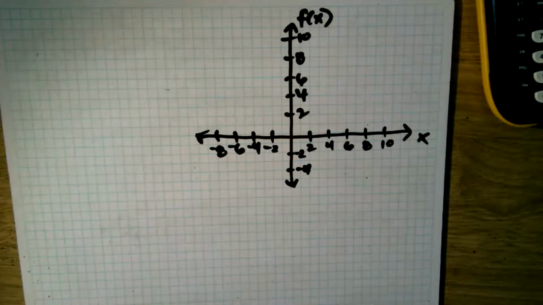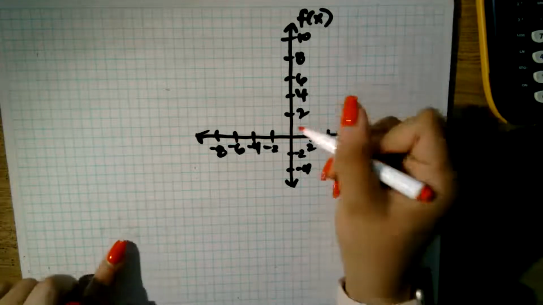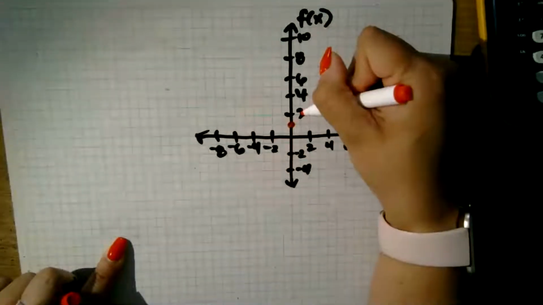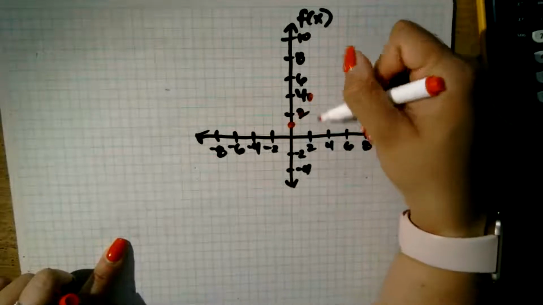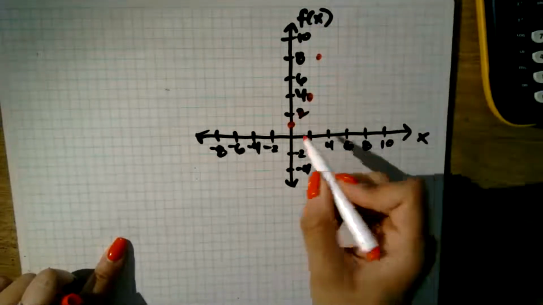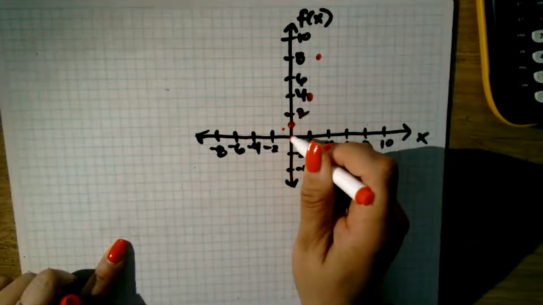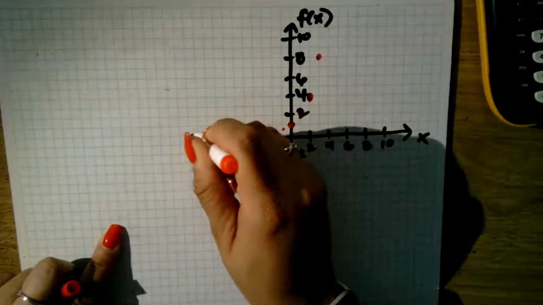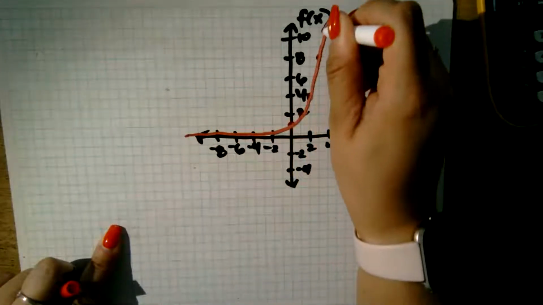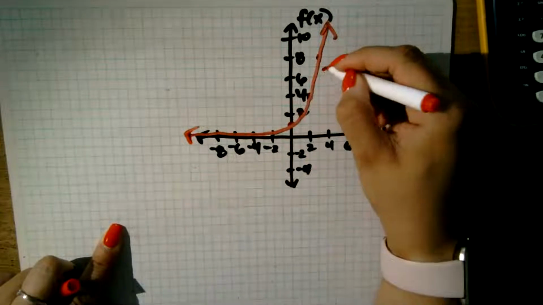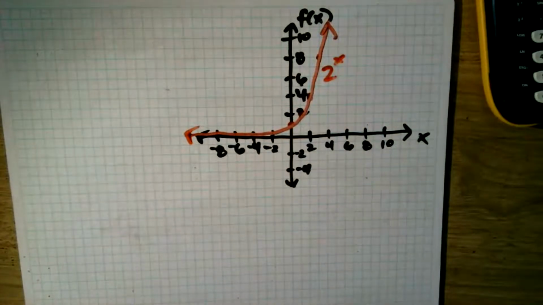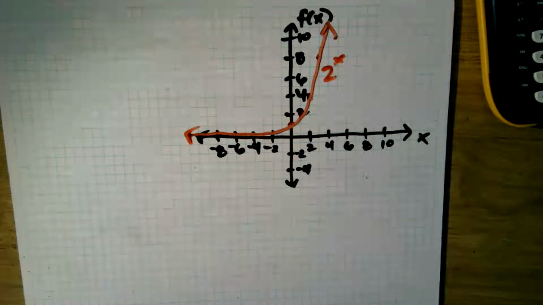I'm going to put my basic parent function on there. So 0 corresponds to 1, 1 corresponds to 2, 2 corresponds to 4, 3 corresponds to 8, -1 corresponds to 1/2, -2 corresponds to 1/4. So again, here's my 2 to the x, still right there. That's my parent function, the one that I always compare against.